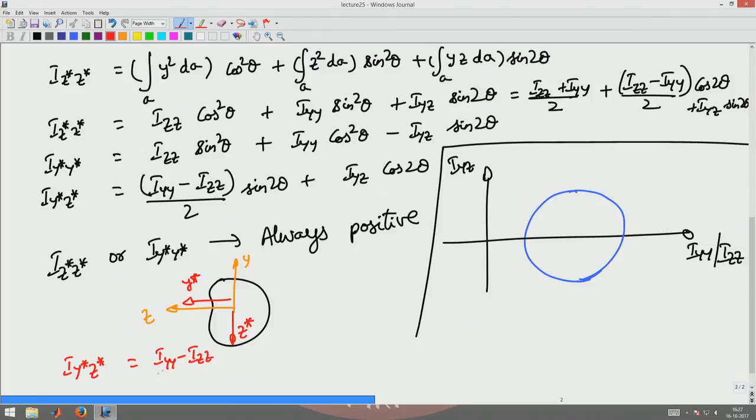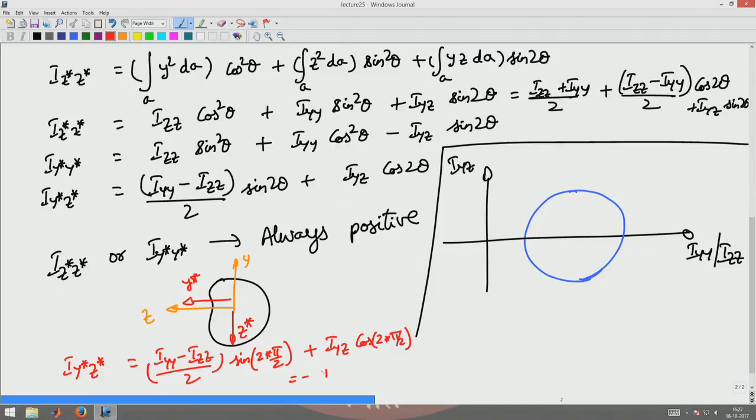Substitute 90 in there: it will be (I y y minus I z z)/2 into sine of 2 theta, since a rotation of the coordinate system by theta is 2 theta in the Mohr circle. So, theta is pi by 2, so 2 into pi by 2, plus I y z into cos 2 into pi by 2.